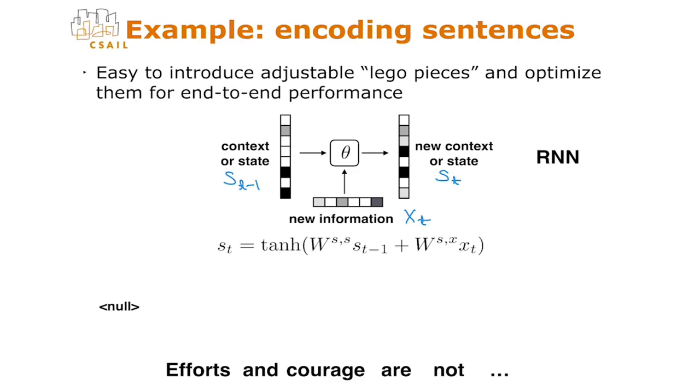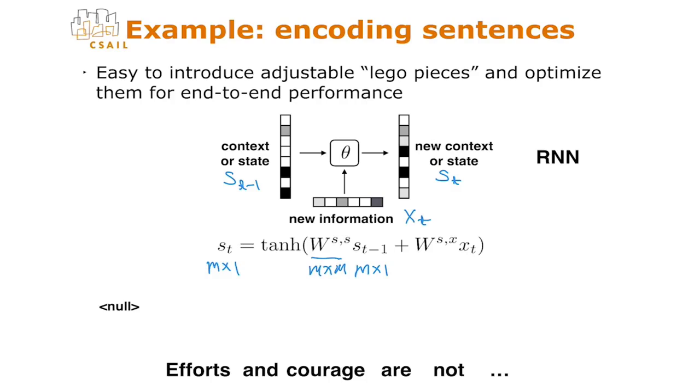So as a transformation, let's say s_t here is an m-dimensional vector. Our transformation now takes the previous state, which is also an m-dimensional vector, and applies a transformation that tells us how the state would evolve in the absence of any information, given by this parameter matrix W_ss. It's an m times m parameter matrix.